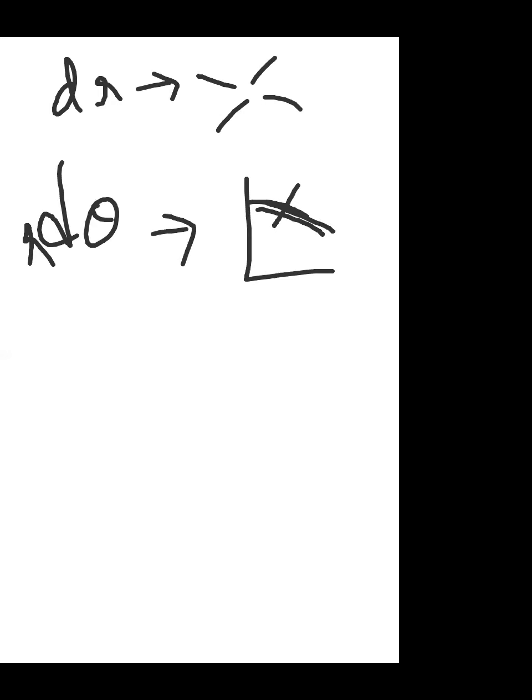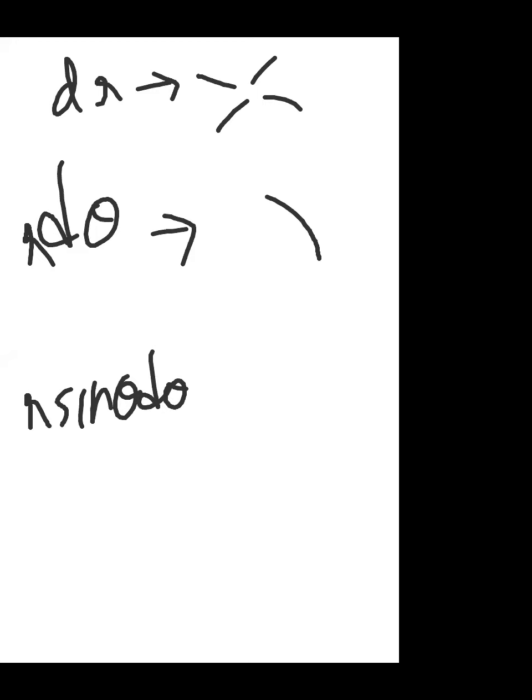So finally you are getting an arc like this. Again, once we make change in phi, r sin theta d phi. So what is d phi, sir? D phi means the measurement from the x-axis.